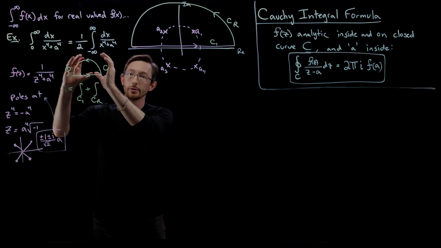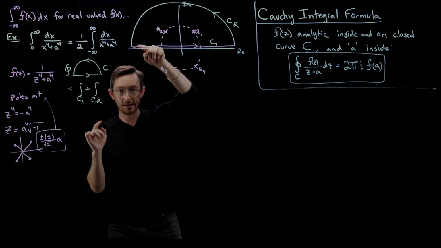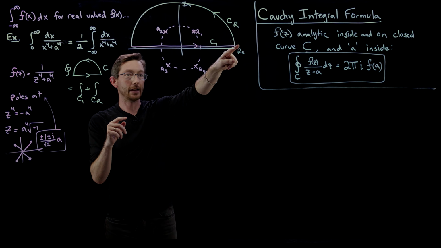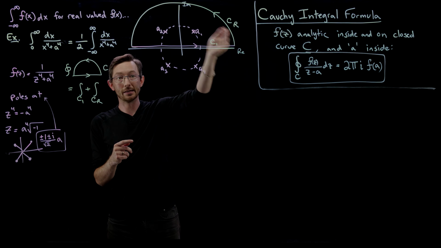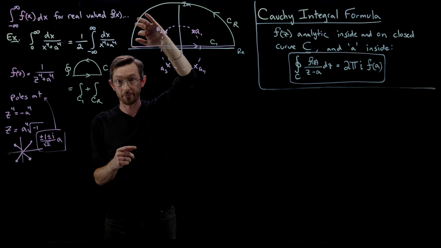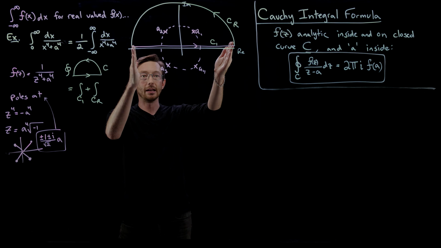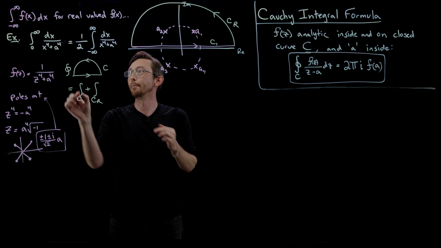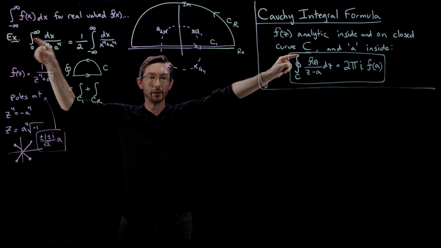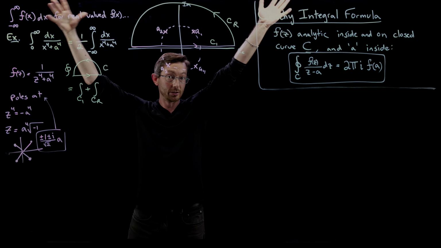So this closed curve is equal to the integral along the real axis plus the integral along this big radius R curve. And I'm going to take the limit as that radius goes to infinity, which means this C1 becomes the minus infinity to infinity integral, and this CR becomes something that goes out to infinity.